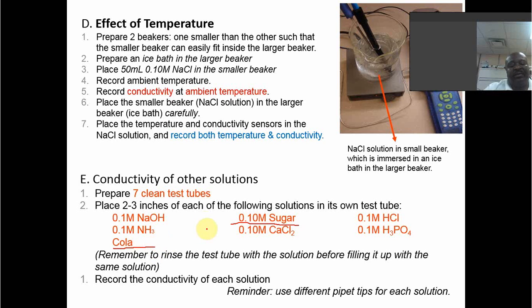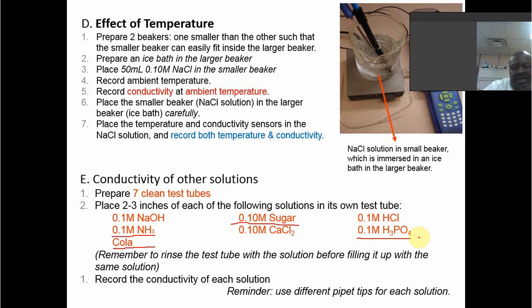But anyway, looking at those values and then others of regular compounds that you're familiar with. 0.1 molar NH3 ammonia. 0.1 molar H3PO4 phosphoric acid. And again, make those measurements and, by comparing them, be able to make sense of what they look like.